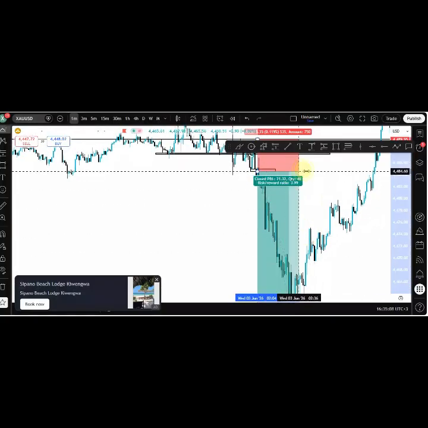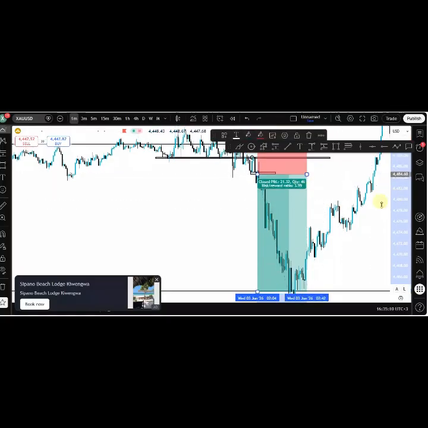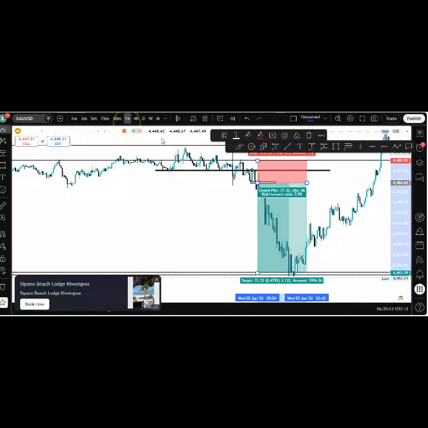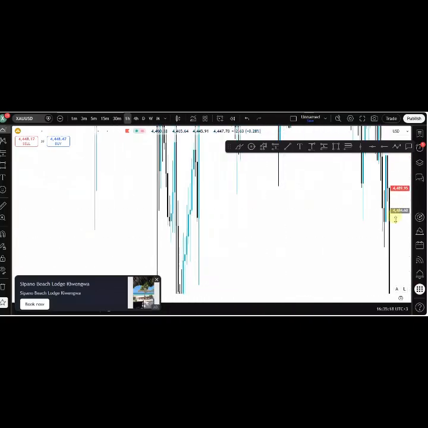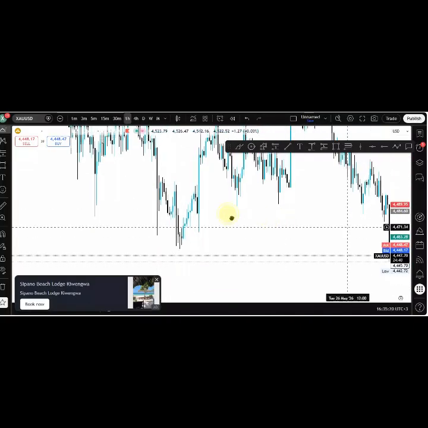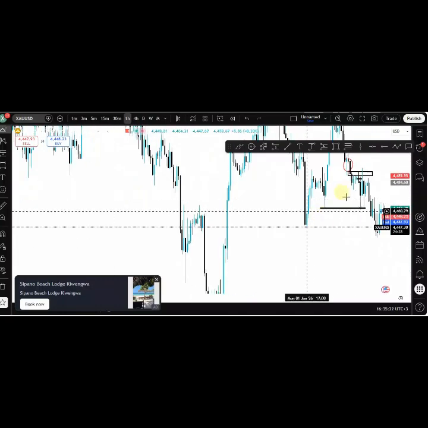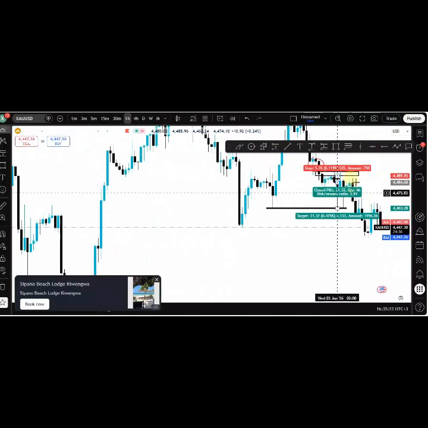There we had our trade, and it went right to the stop losses of the buyers. We knew that this is a base. At the 1 hour it's very clear that it's a base, but you should remember to always be on the trend.